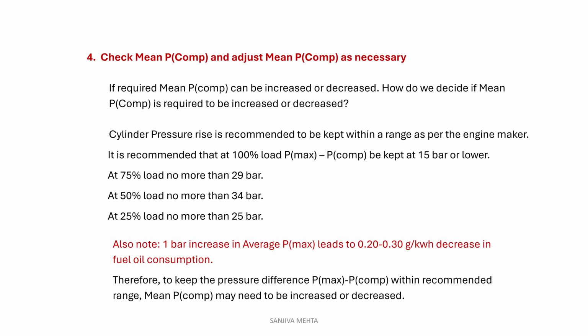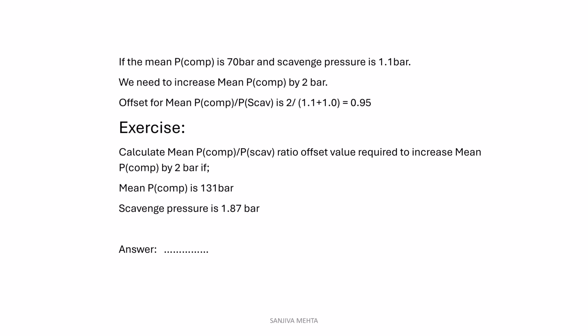Well, very good. If the mean PCOM is 70 bar and the scavenge pressure is 1.1 bar, we need to increase mean PCOM by 2 bar. Valve offset becomes 2 by 1.1 plus 1 atmospheric pressure, 0.95. Increase the value by 0.95. All the units will close, exhaust valve will close literally, and the mean peak compression pressure will rise.